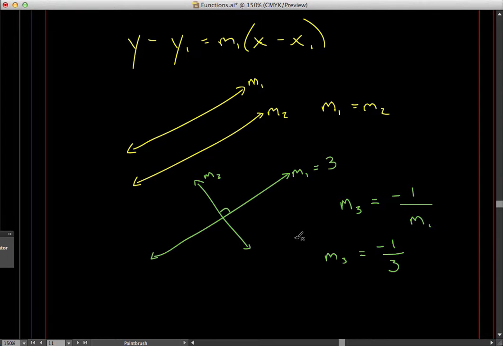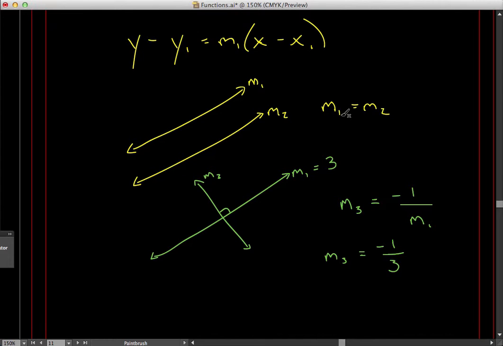Now, with parallel lines, you have to be sure that they have different y-intercepts, because if they have the same y-intercept and they have the same slope, they're not parallel, they're actually the same line. So that is something to keep in mind when you're looking at parallel lines. You can't just look at the slope and, oh, they have the same slope, then they must be parallel.